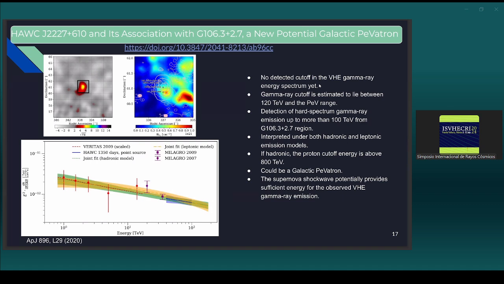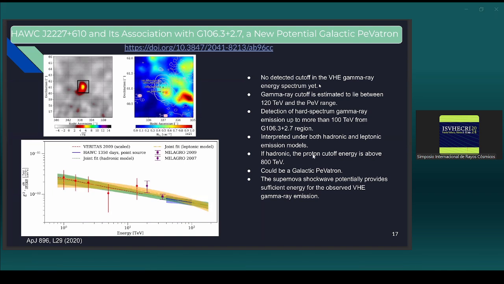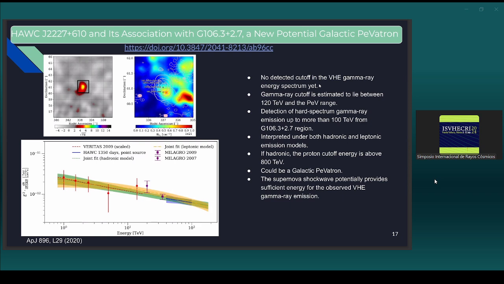And what we have is that the more favorable scenario is the one that assumes that the high energy gamma ray emission is generated by protons in the supernova remnant that is known as G106.3+2.7. And also we can interpret this emission from both hadronic and leptonic emissions.